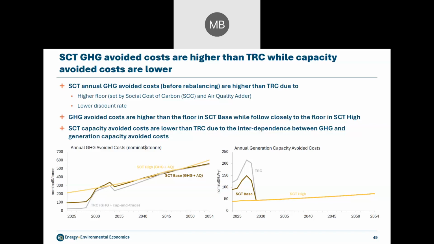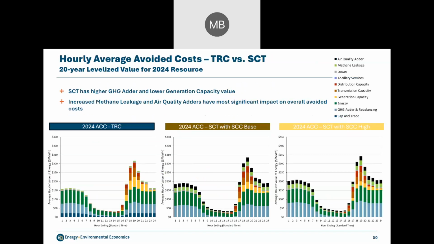All right, let's go on to the next slide. This is a similar chart that I showed earlier, which is the 20-year levelized values that started in 2024 and then go on until 2044. We see that compared to TRC, SCT has higher GHG adders and lower generation capacity value.